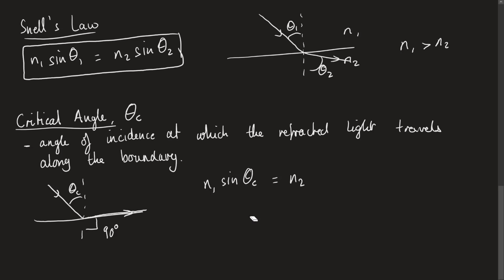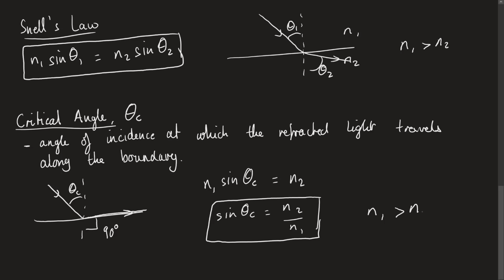Now there is a condition that goes with this equation, and the condition is that n1 has to be greater than n2, meaning we have to go from a higher optical density to a lower optical density.